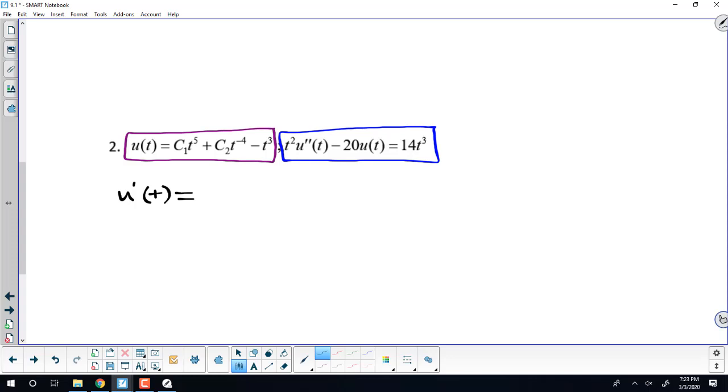So we have u of t, and the derivative of u with respect to t is 5 c1 t to the 4th minus 4 c2 t to the negative 5 minus 3t squared.